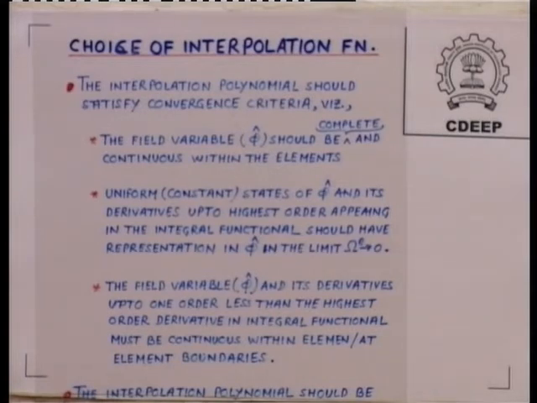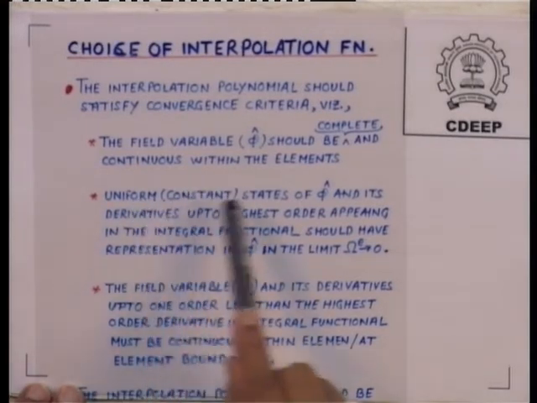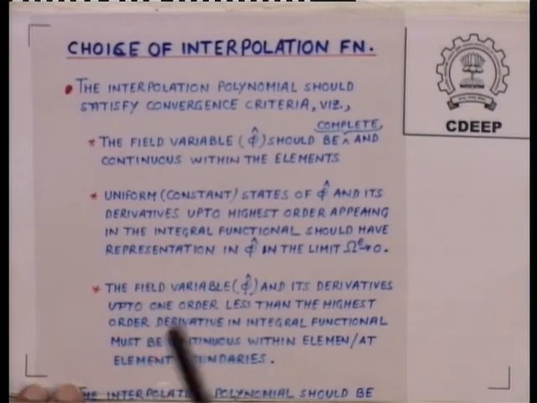When we write down the functional pi, energy, there is an integral. What enters into the integral? It is the strain term, and strain normally is the first derivative. So, if displacement is linear, first derivative will be constant.